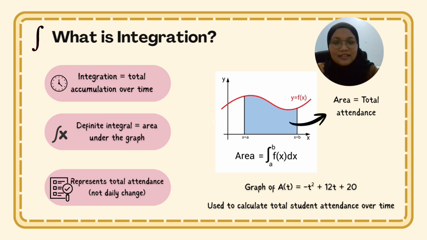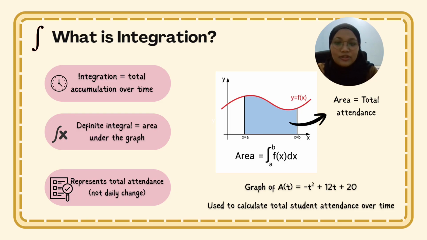Integration in calculus represents the total accumulation of a quantity over time. In this case, we use it to model student attendance. Instead of looking at attendance on a single day, integration helps us calculate the total attendance over a period.